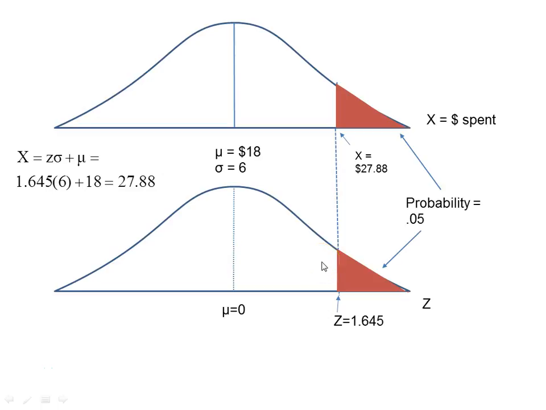So you went to your z-table, looked for 0.95 in the middle of the table, looked at the row and column, and you'll find the z-value is 1.645. Plug it all into the equation. I just show you the calculation over here again. 1.645 times 6 plus 18 gives you $27.88.